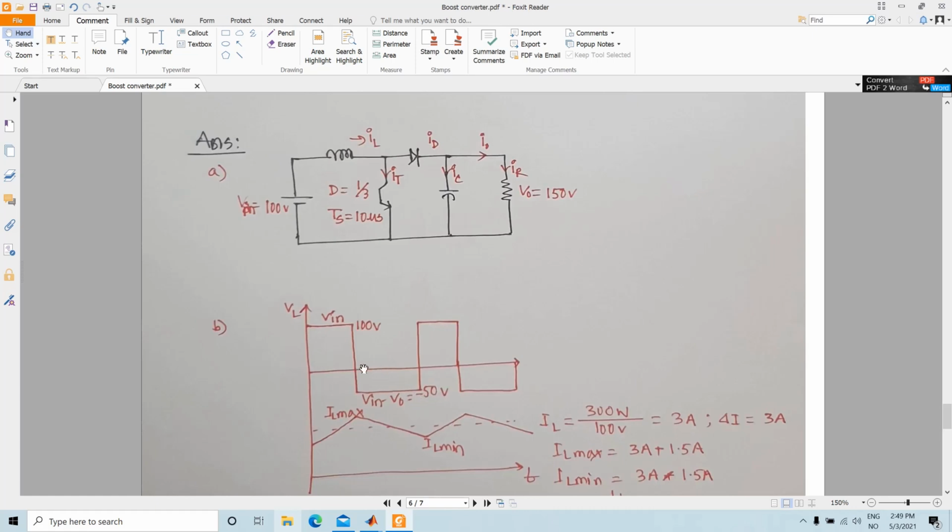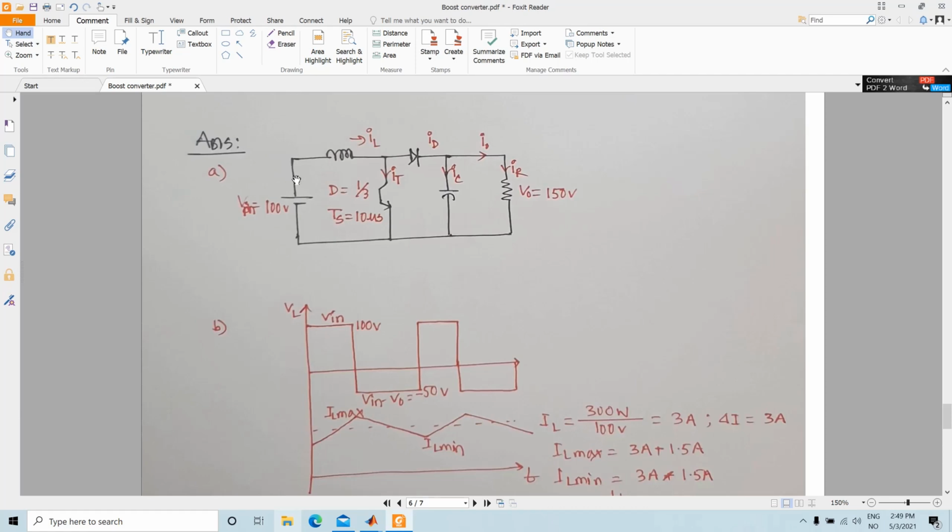So you see, if you do the integration here, then you get the inductor current wave shape like this. Now as I said, the IL value, or the DC component of the inductor current, is basically the input current, or the current that is coming out from the input.